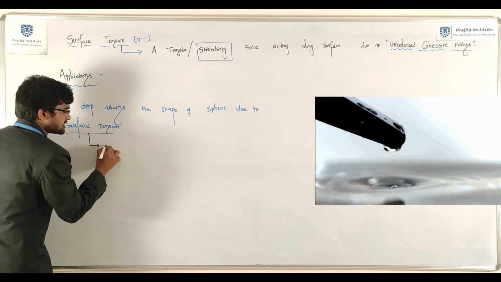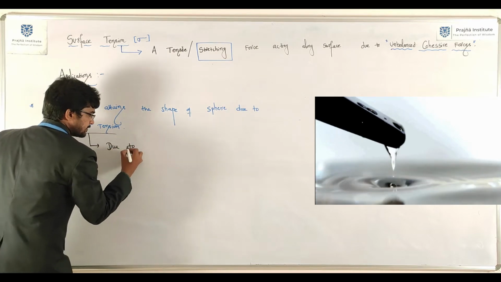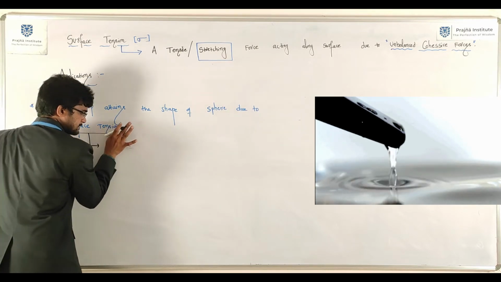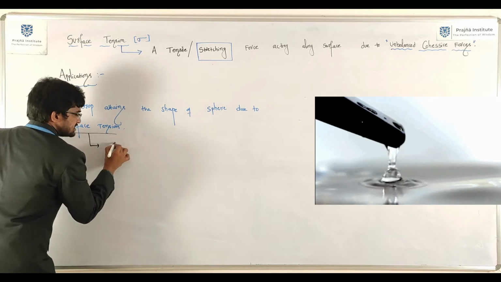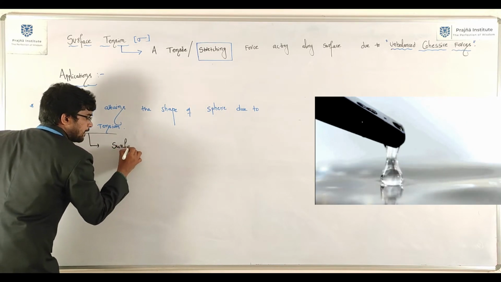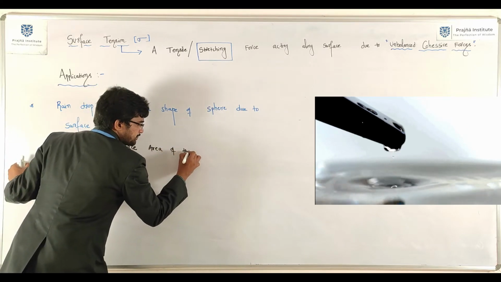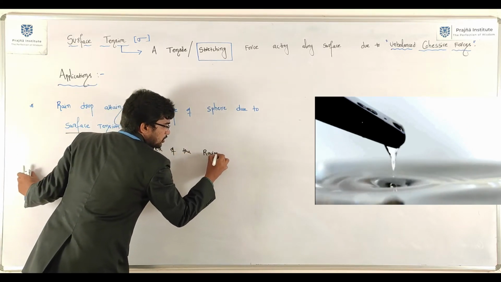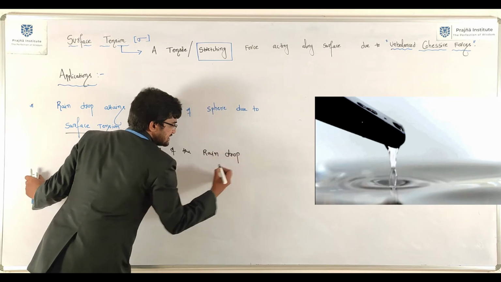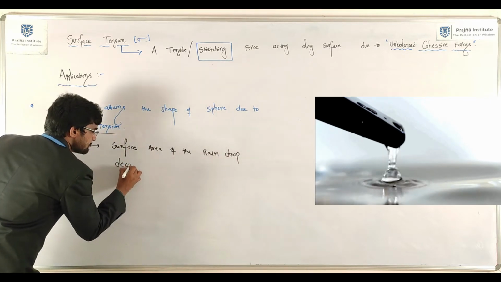Due to surface tension, the surface area of the raindrop decreases.